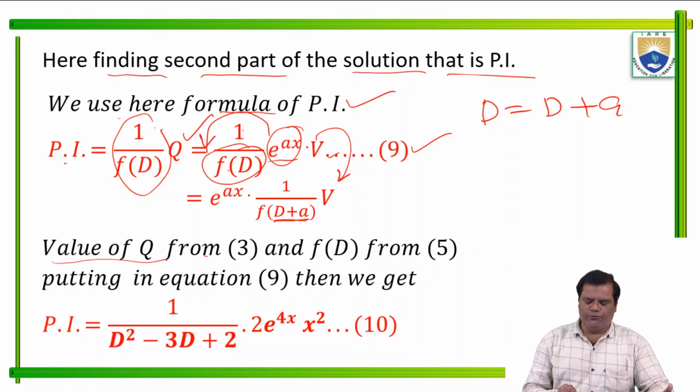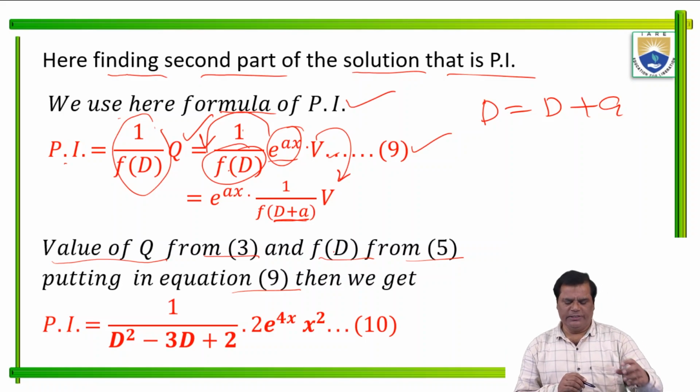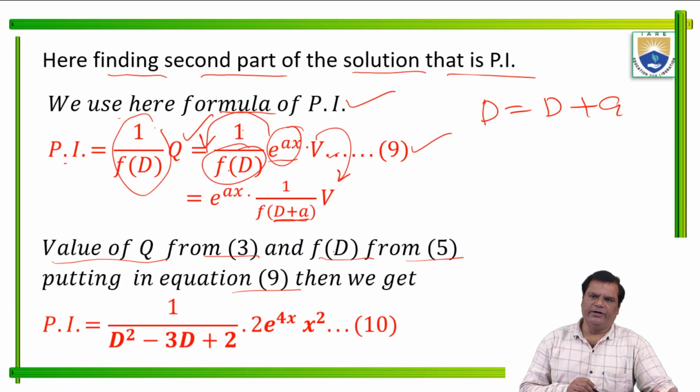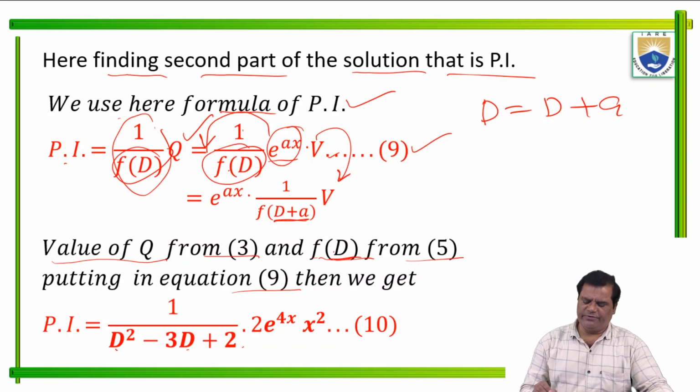Now the value of Q from equation 3 and the value of f(D) from equation 5, put in equation 9. So what is f(D) here? We have already written it in equation 5. f(D) is D square minus 3D plus 2. This is f(D).